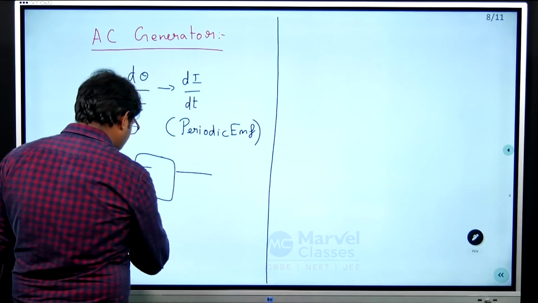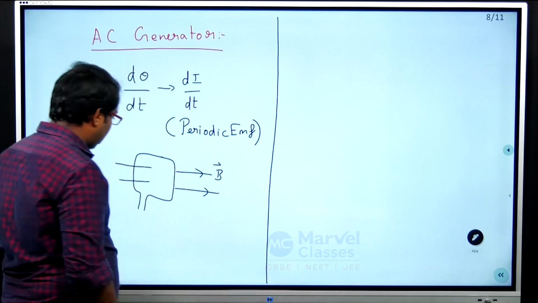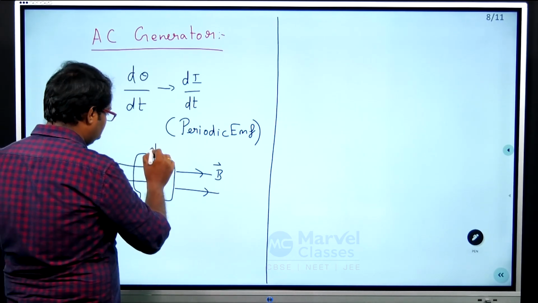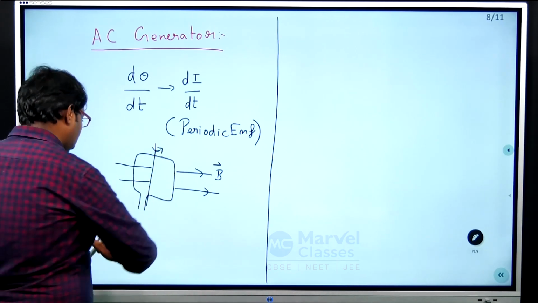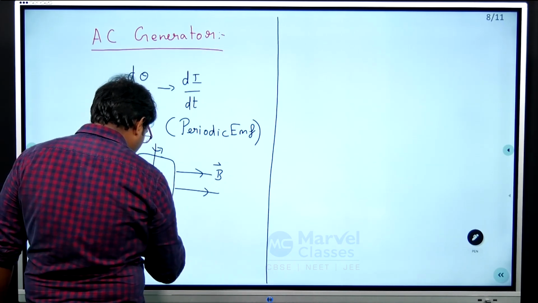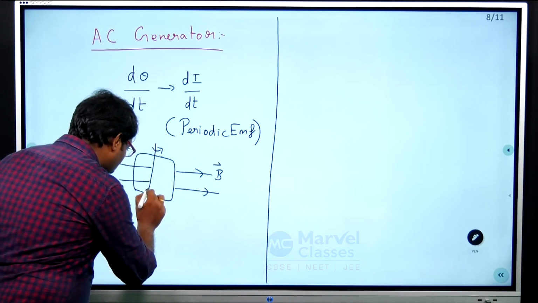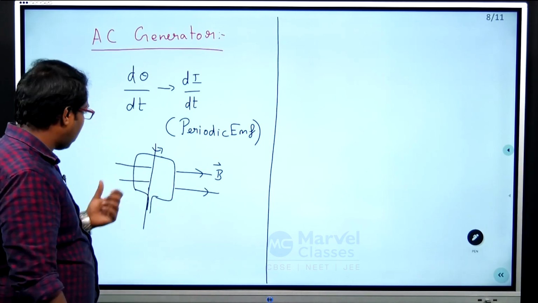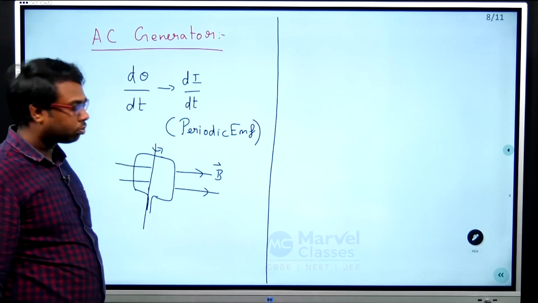If the angle of this coil changes, because the whole thing is going to rotate about some particular axis, then every time it rotates, the magnetic field linked with this coil changes.